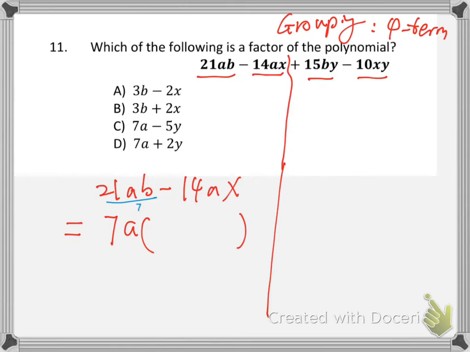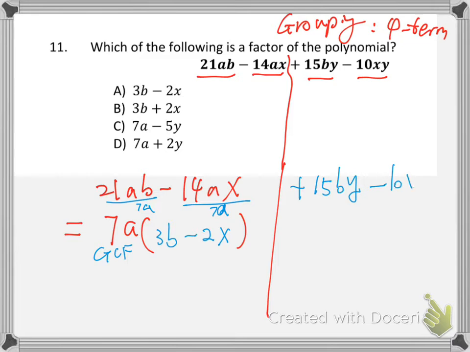The first term divided by the GCF, 7a, we got 3b. This divided by 7a, we got negative 2x. The second group is positive 15by minus 10xy, the last two terms.